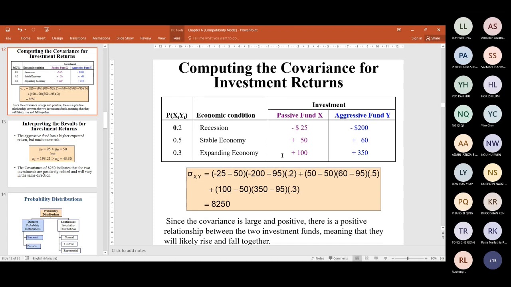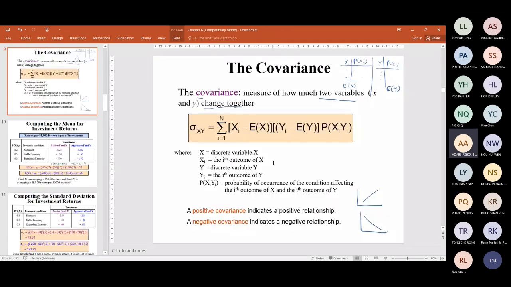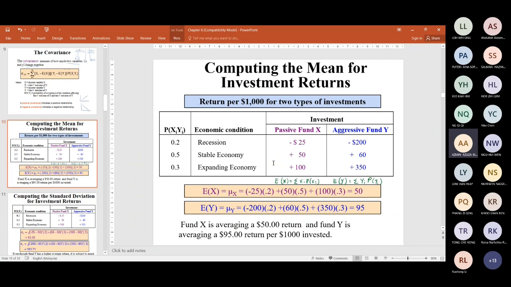Covariance, that's correct. The probability is this one, because there are two variables here. Instead of writing it like this, it is actually this probability, P(xi yi). It's only one probability here, and this probability is for both X and Y.